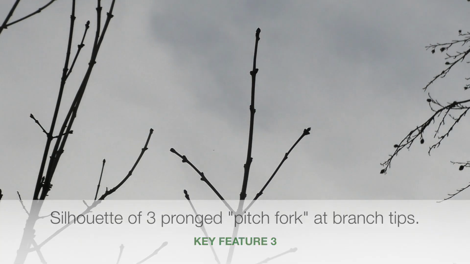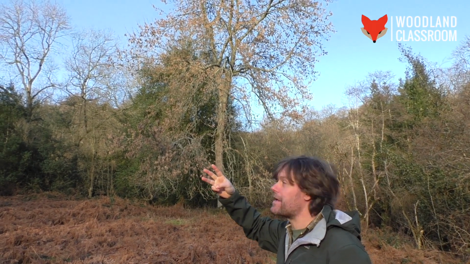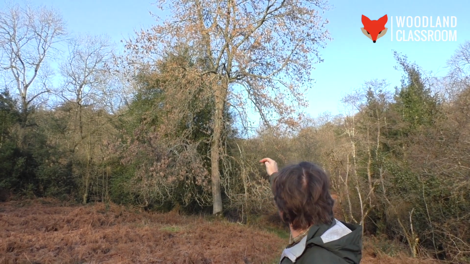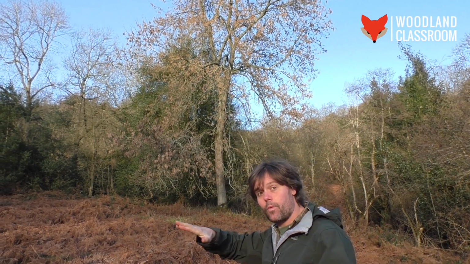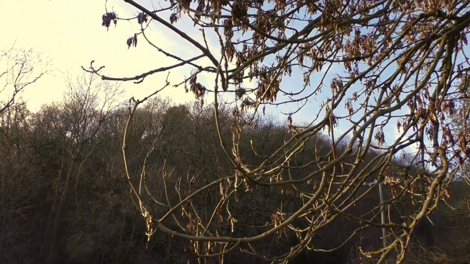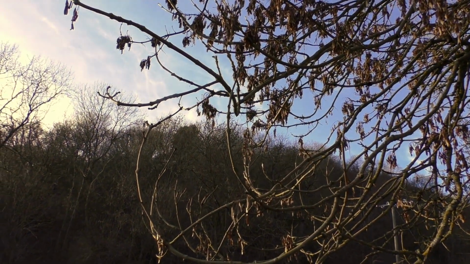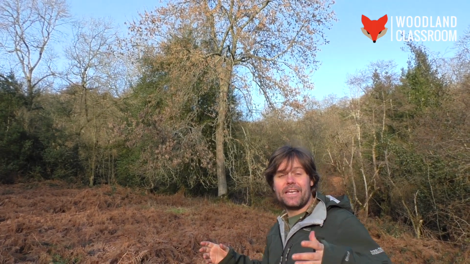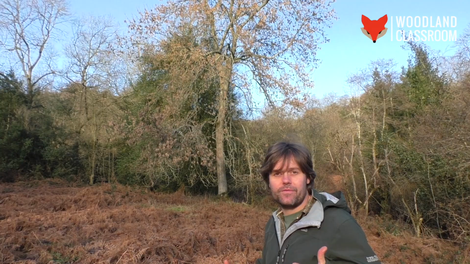You can see those pitchforks, those three tines of a rake sticking out. Another thing you can look for, on the edge of the tree, to the outside, you notice how the branches kind of sweep up like this. They have an upswept turn to them. And that's quite distinctive of ash. The horse chestnuts do it as well. One more thing to look for at this time of year is the ash keys, the fruit of the ash.